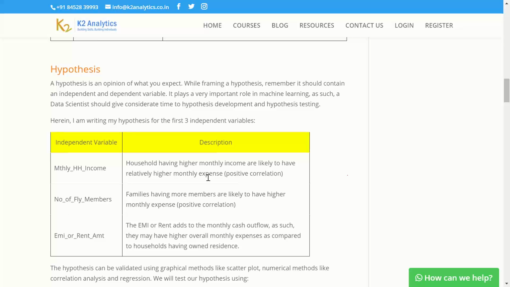Now, if I have to frame more hypotheses, a family which is of a smaller size, their expense will be less, versus a family of a larger size, their expense should be more. So number of family members has an impact on expense. Alternate hypothesis. What will be null? Null hypothesis will be expense of a family is not dependent on how many family members are there.